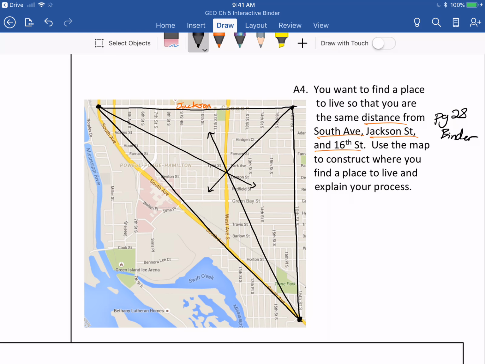What this bisector means is that this angle has to be congruent to this angle, this angle is congruent to this angle, and then this one gets those three. So where's the point that's equidistant from all of those? You should live right here, because that is the same distance from here, here, and here. So you're equidistant from all three of those streets. This point right here is what we call the in-center.